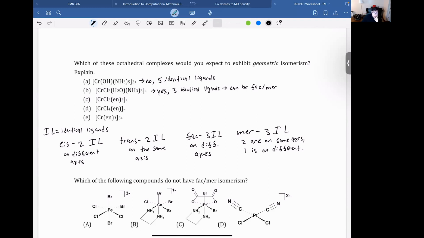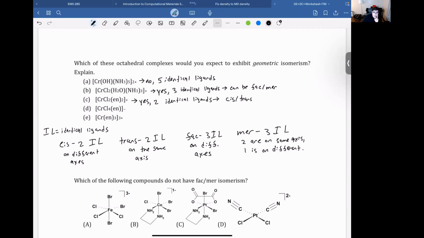All right, so going into the next one, we have C. We have 2 sets of identical ligands. And so the answer here is yes. We have two identical ligands, so we can have cis or trans isomerism.